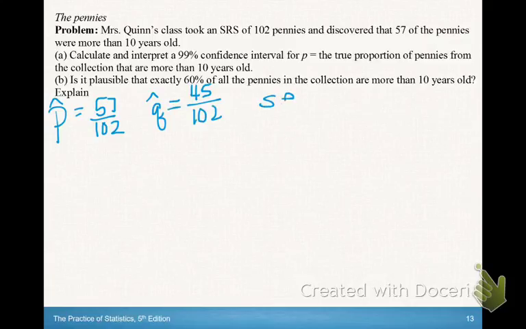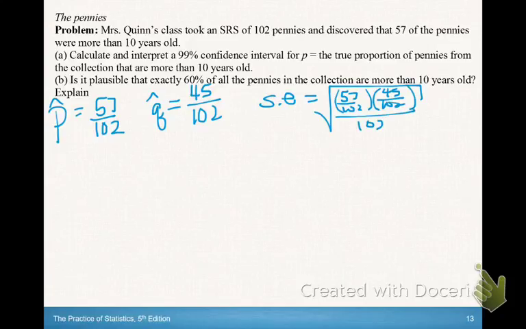We need to find the standard error, which is equal to the square root of P hat times Q hat divided by N, which was 102. So I got a standard error of 0.049.